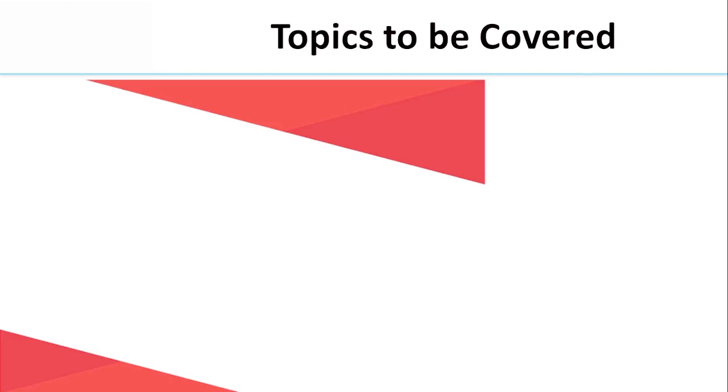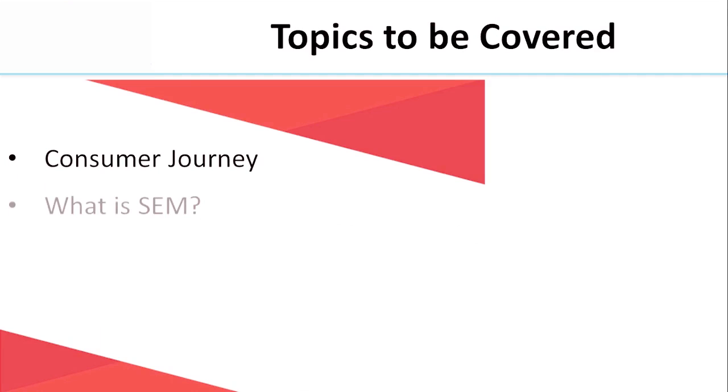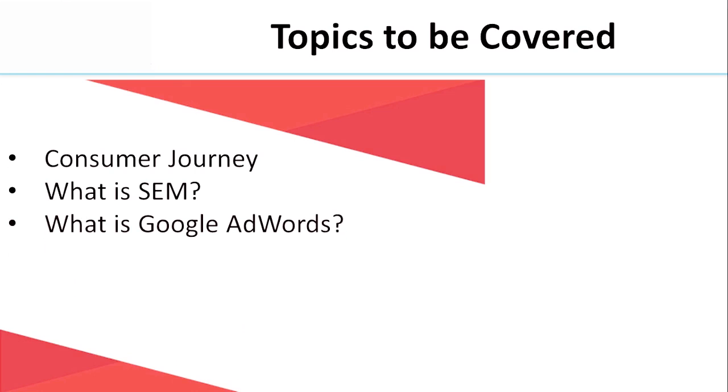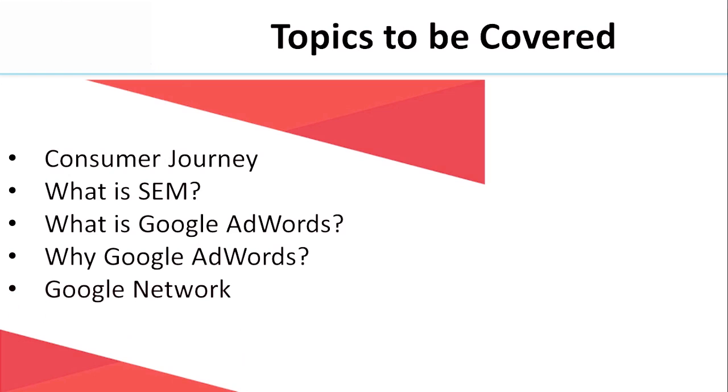Topics to be covered are consumer journey, what is SEM or search engine marketing, what is Google AdWords, and why Google AdWords. These are the topics that we are going to cover, on why marketers are motivated to go for Google AdWords. Then we will discuss the Google Network.